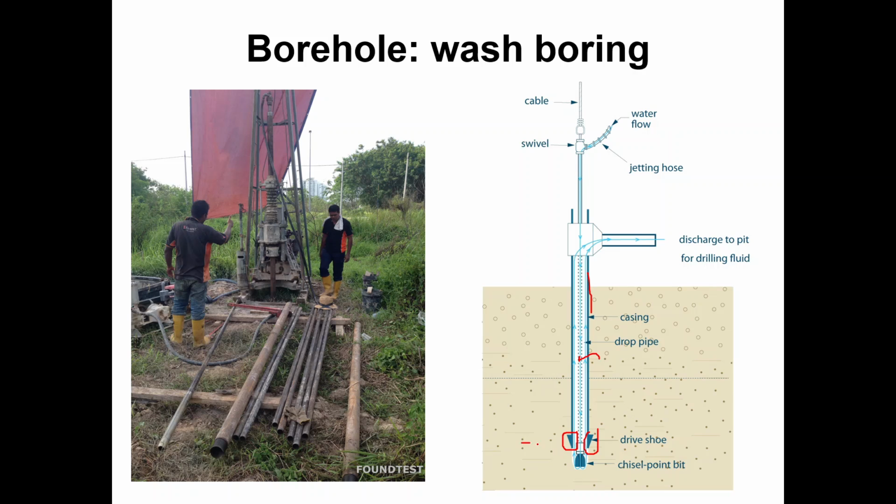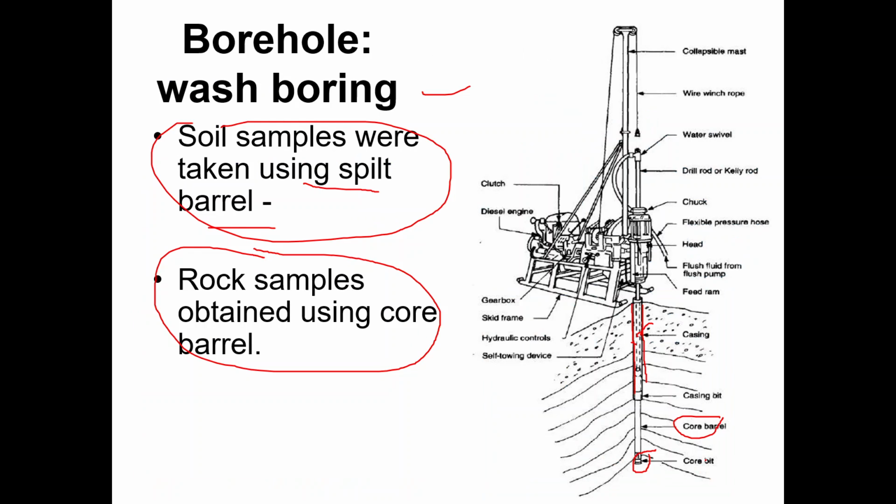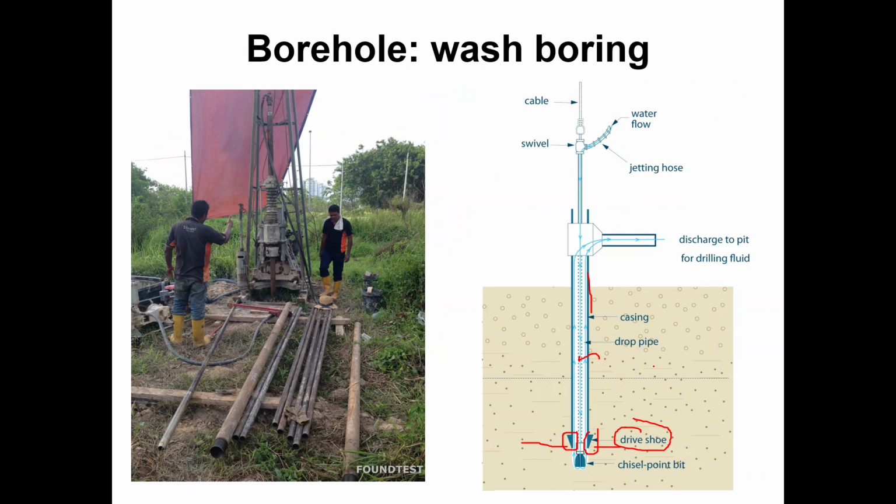Then after a certain layer, if you have a hard layer, this drive shoe can penetrate, then we can use this rock bit, the core bit. And this is what the machine looks like. We have a rod here, we have casing here. This is casing, this is the rod, this is our machine.